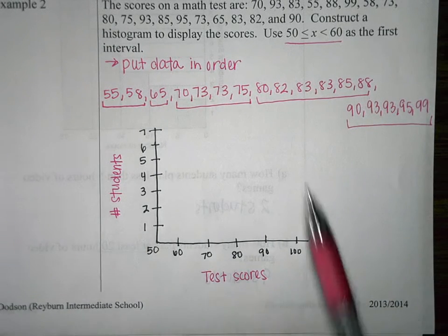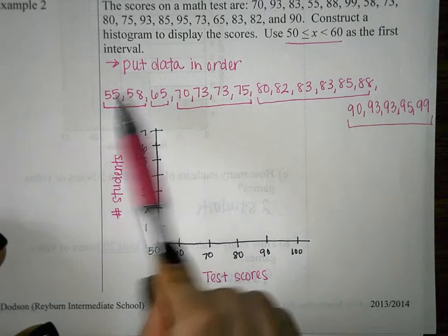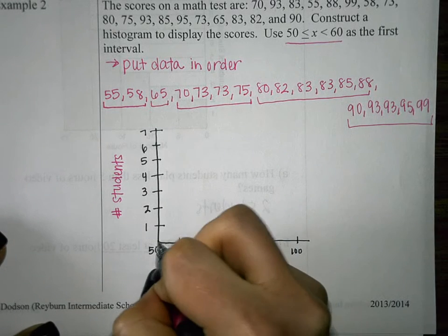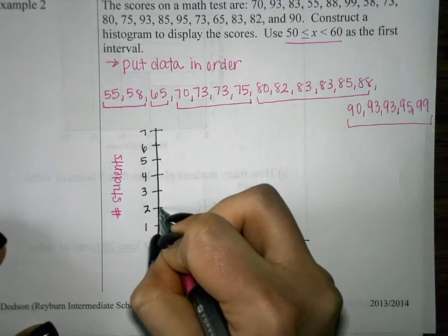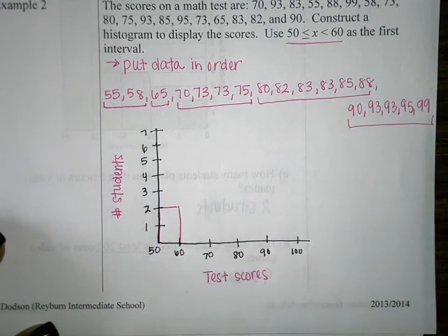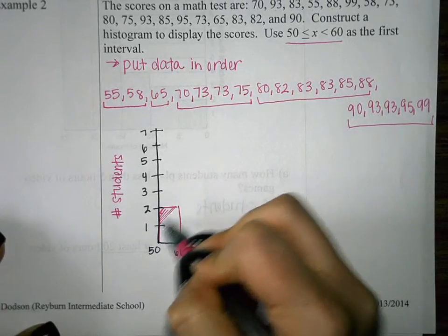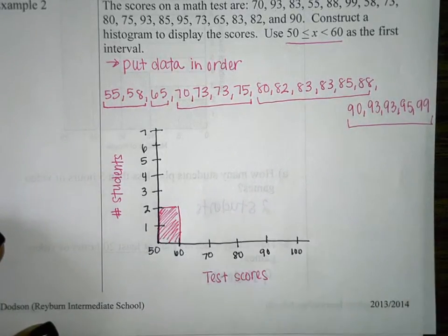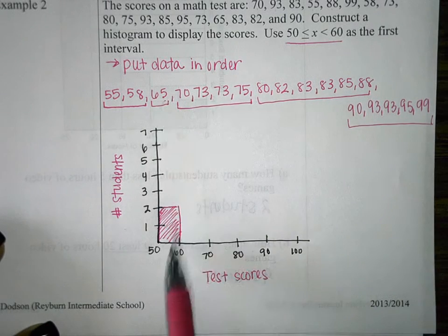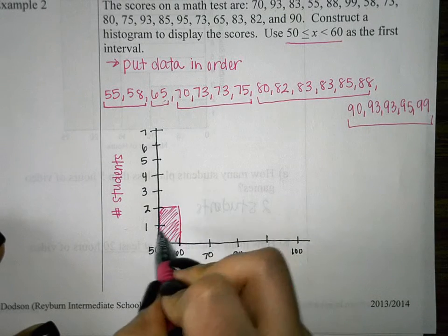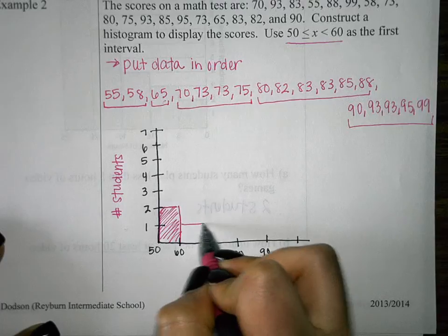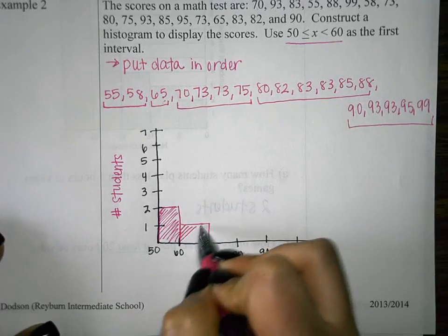So our first range from 50 to 60 has 2 students. So I'm going to draw my bar between 50 and 60 up to 2. You can color it in if you want. My second one, 60 to 70, has only 1 student, so I'm only going to have it go up 1 space, and then color that in.